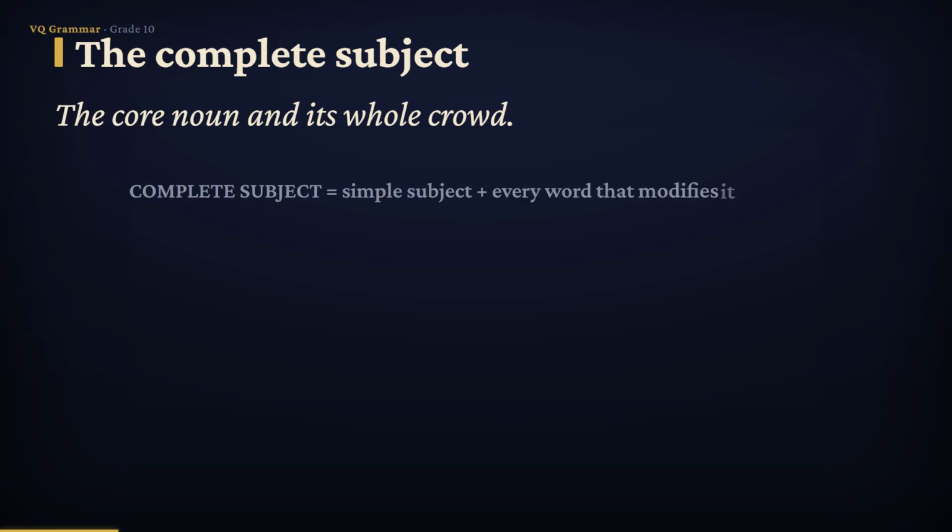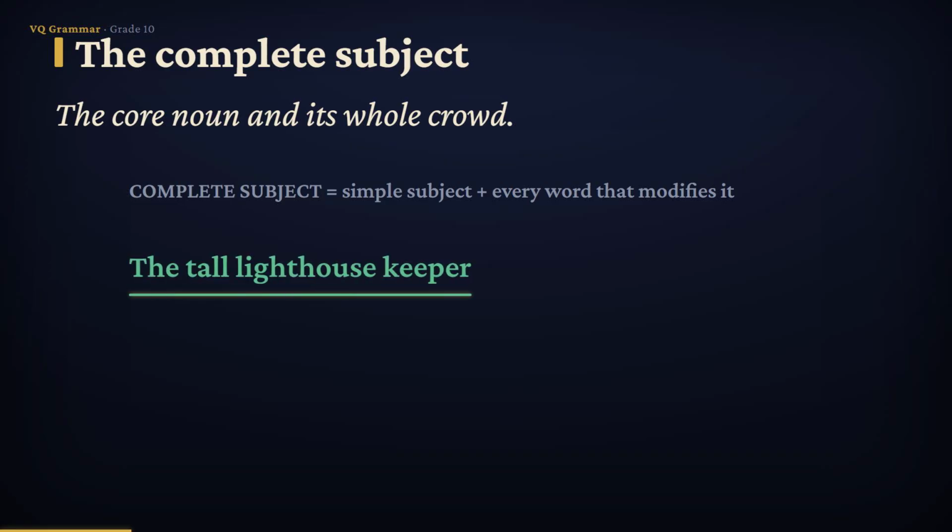The complete subject includes the simple subject, plus every word that modifies it. Look at this sentence. The tall lighthouse keeper painted the rusted door. Ask yourself, who painted? The keeper did. So keeper is the simple subject, the bare core word. But notice the sentence doesn't just say keeper. It says the tall lighthouse keeper.